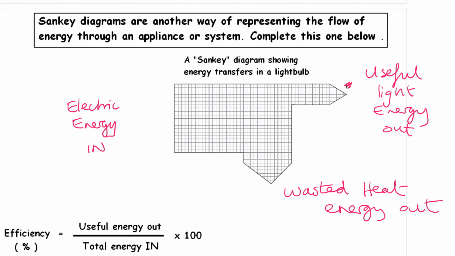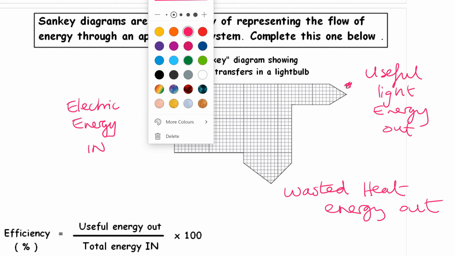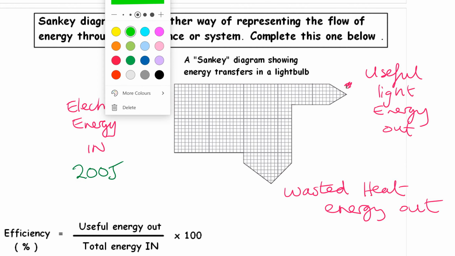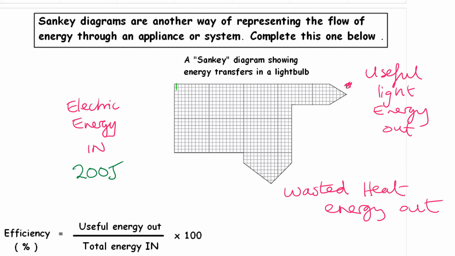Now, if you recall, the value for the energy in was 200 joules. This width here is what represents the 200 joules. This width going all the way down here.